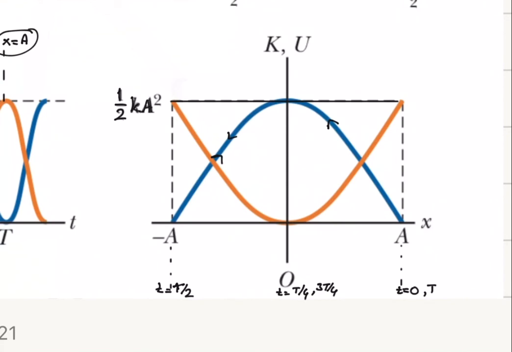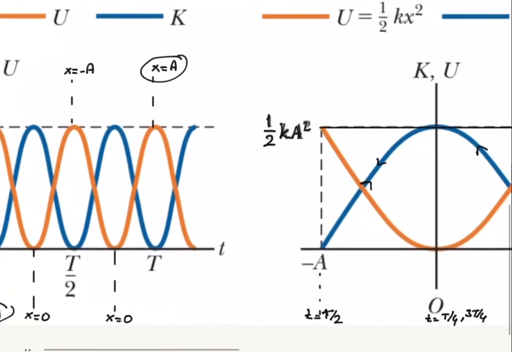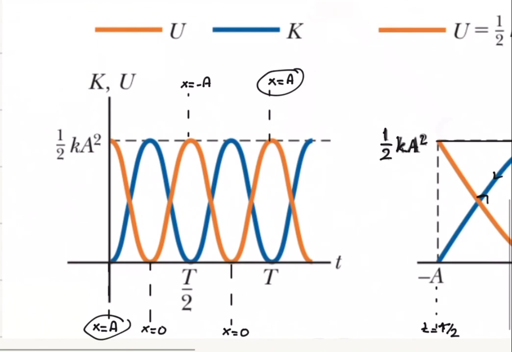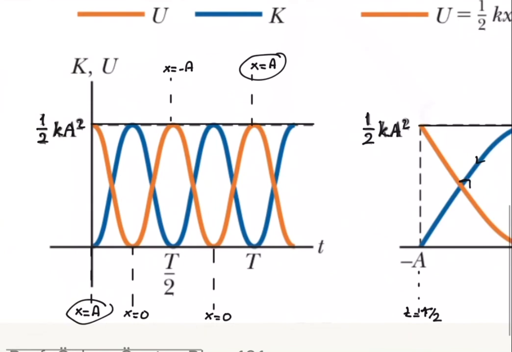And notice that throughout the oscillation, kinetic plus potential energy is a constant. It is 1 over 2 k a squared. So this has to be kept constant throughout the oscillation. This is true both as a function of time and as a function of x.